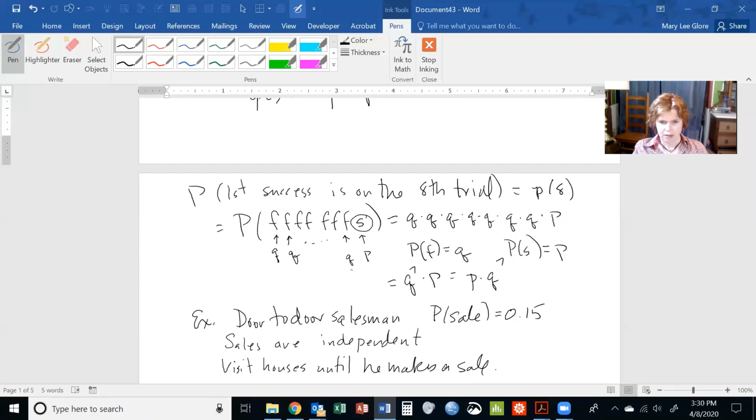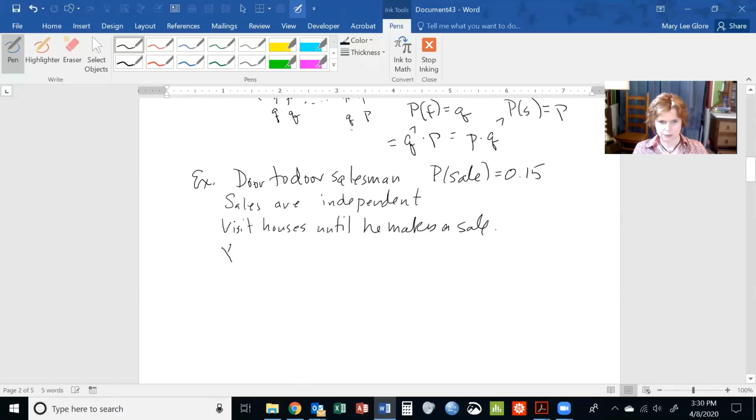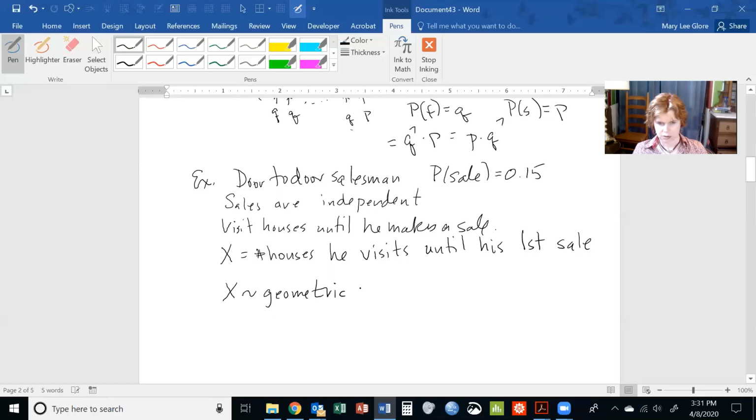We're going to let X be the number of houses he visits until he makes a sale. So according to our definition, X has the geometric distribution with parameter P, which here is 0.15.